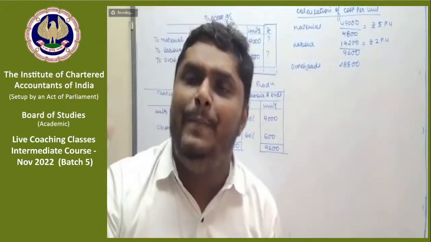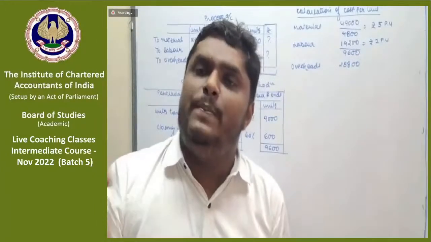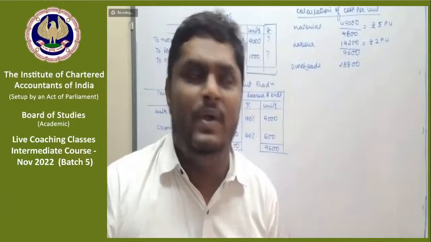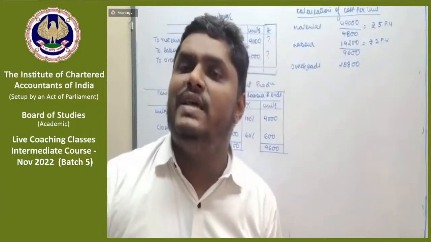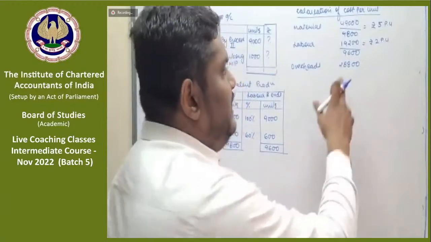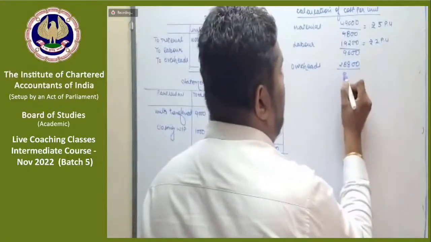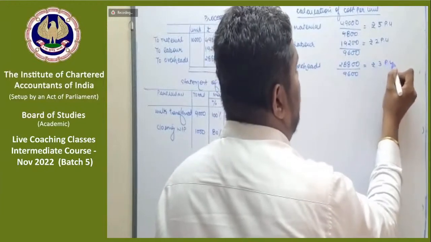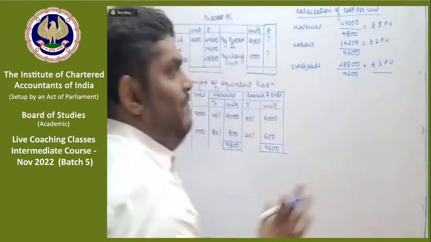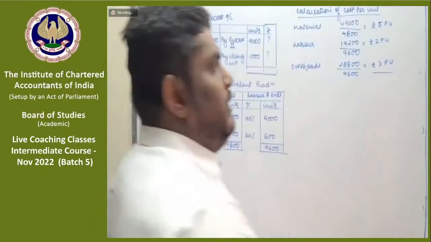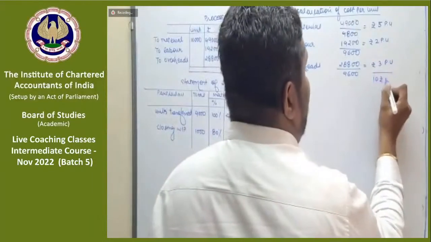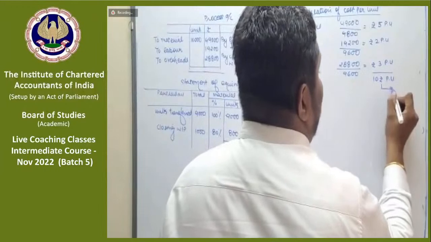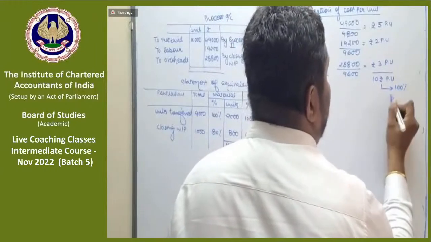Why I have prepared labor and overheads together? Because the percentage of completion is the same. So no need to do extra exercise and waste time. So 28,800 divided by 9,600, that is rupees 3 per unit. So now we are done with the calculation of total cost, that is rupees 10 per unit for the units that are 100% complete.